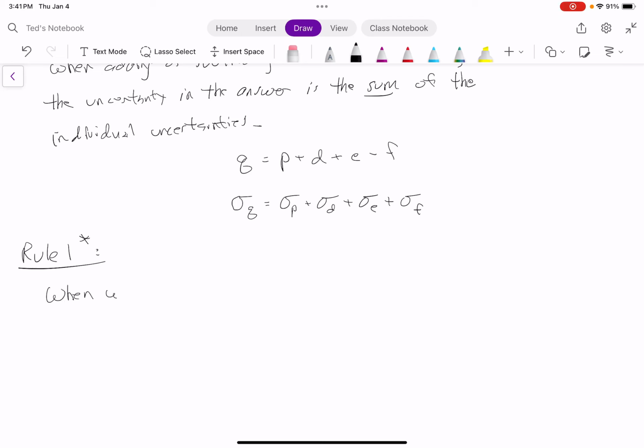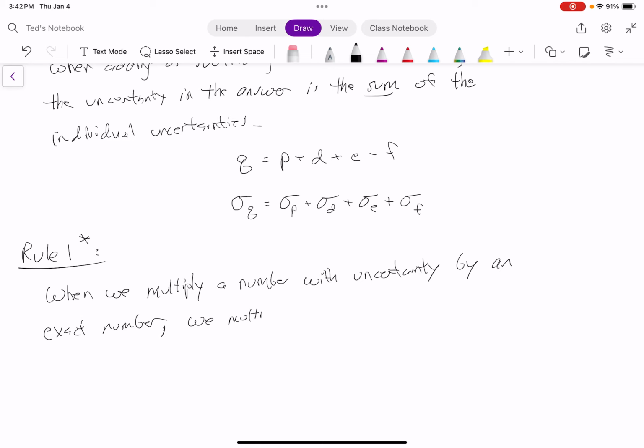When we multiply a number with uncertainty by an exact number, we multiply the uncertainty by the same number.